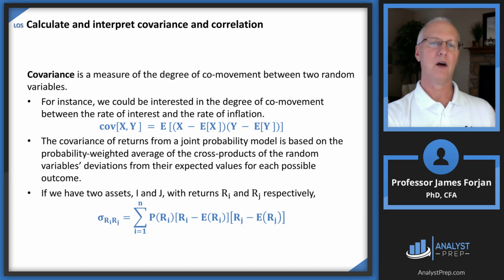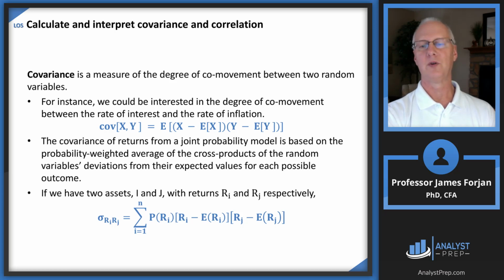So instead of squaring a term, we're going to multiply it by another term. Look at the formula there. The covariance between x and y is the expected value of each possible x minus its mean times each possible y minus its mean. And that's where we get covariance.